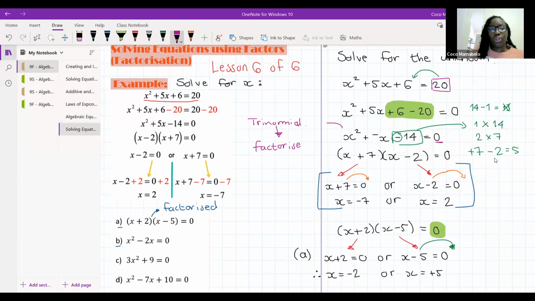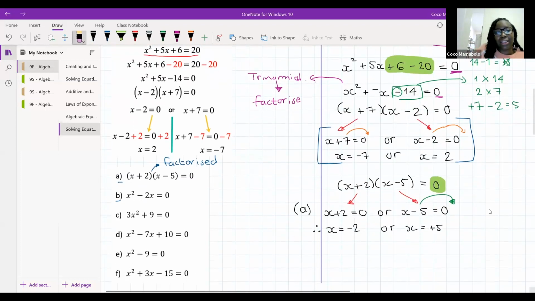So the thing that I need to do is as soon as I get a 0 on my right-hand side, then I need to start factorizing. That is the rule. If I have a 0 on the right-hand side, I need to start factorizing on the left-hand side. So if this question said x plus 2, brackets, x minus 5 is equal to 12, if there was a 12 here, then we would multiply out first.